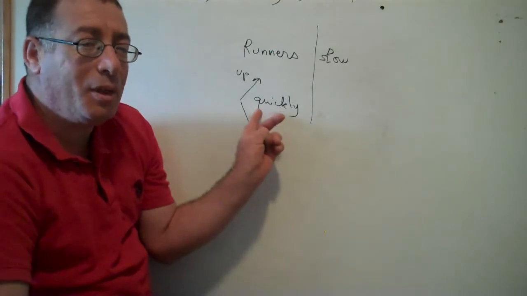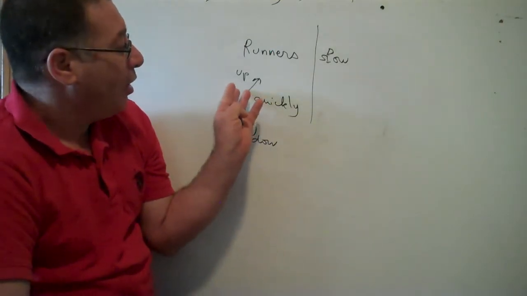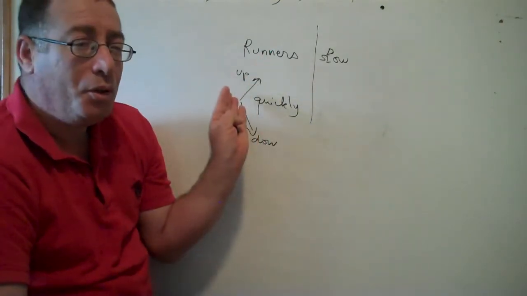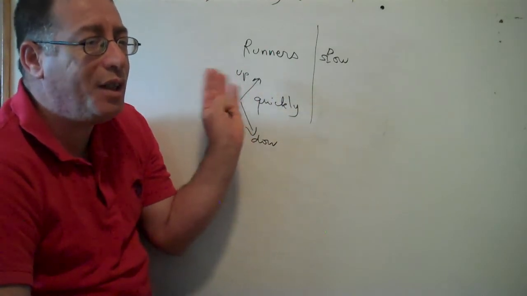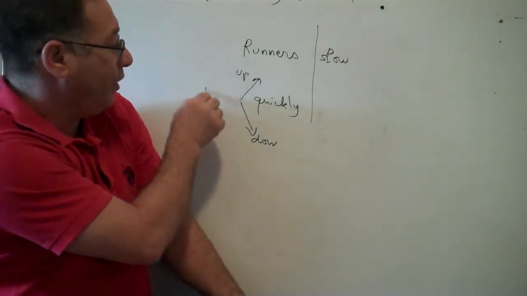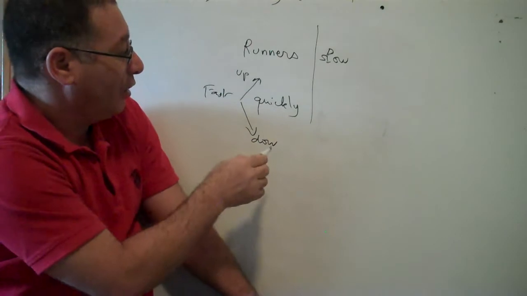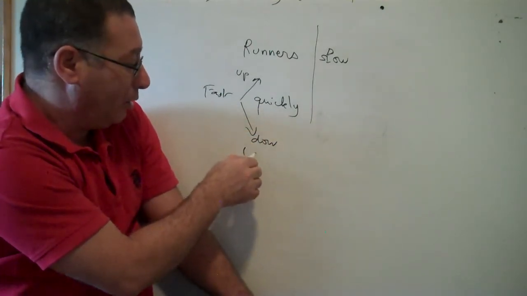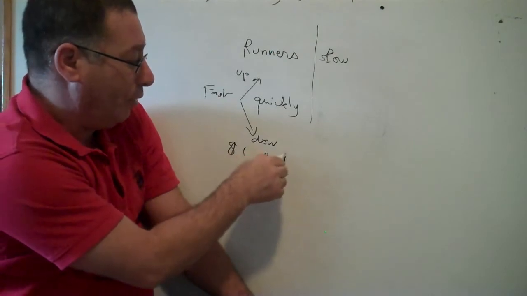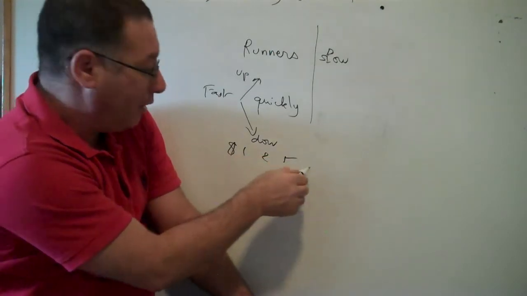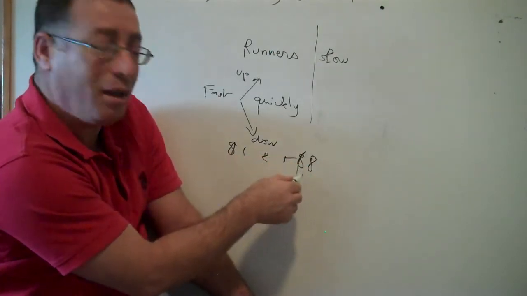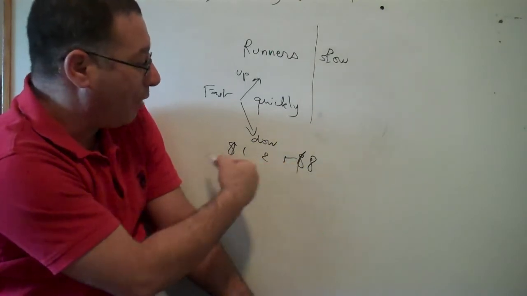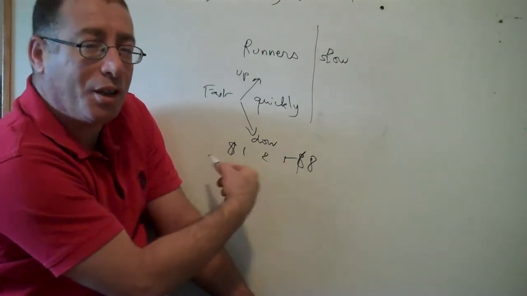So quickly, what does it mean? It means if they go up, you will see that they move very fast. They move like $1, $2, $5, $8 a day. Some are very fast.